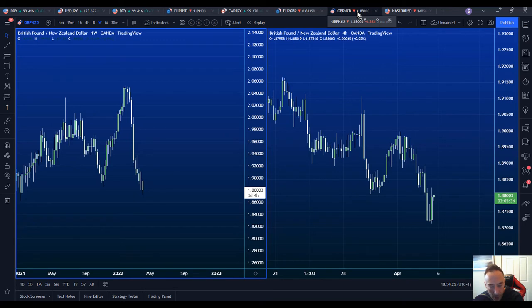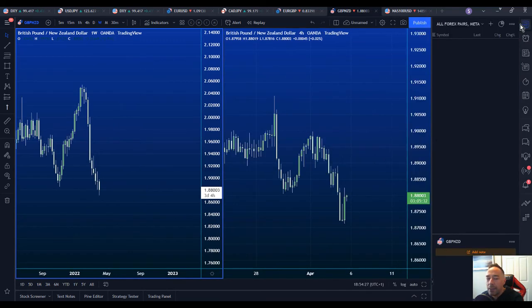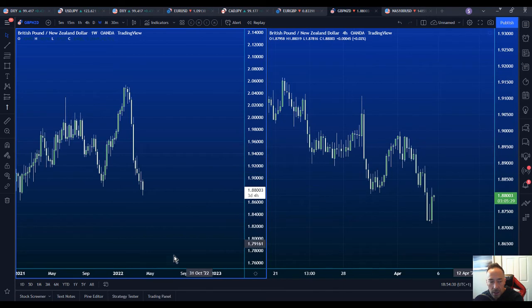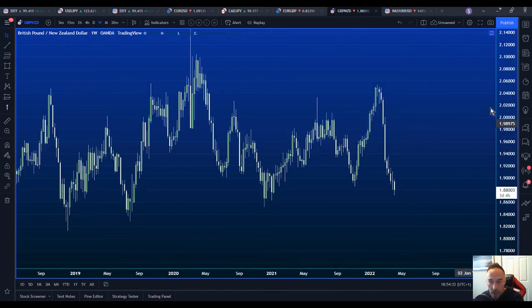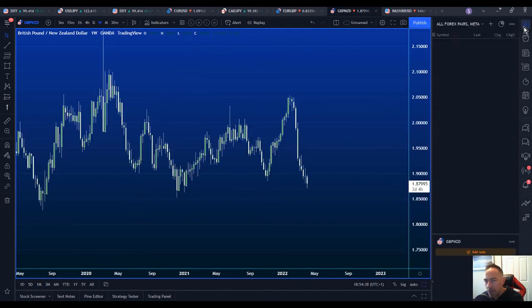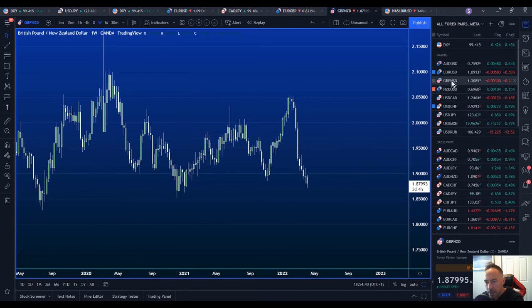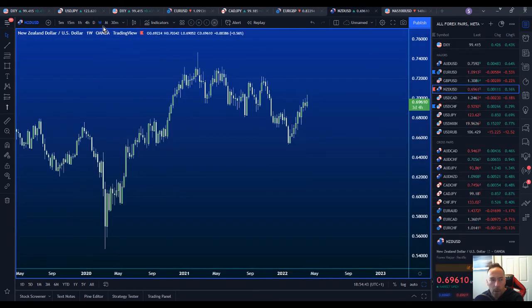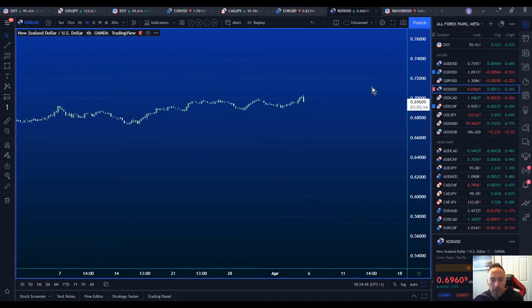Pound Kiwi, it could be a counter trend trade on this, guys. Just keep your eyes on it. I mean, it's a bearish market, isn't it? Let me just have a quick look. We did see some Kiwi weakness earlier coming into the market.